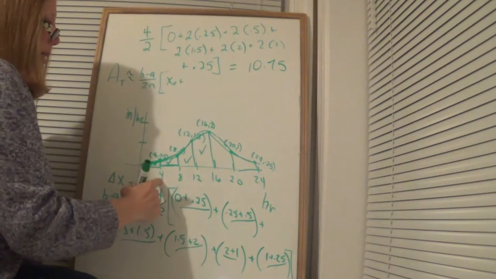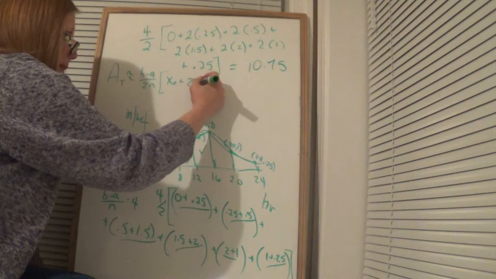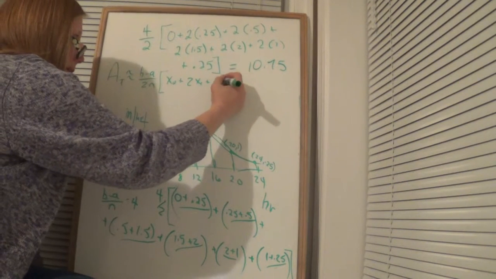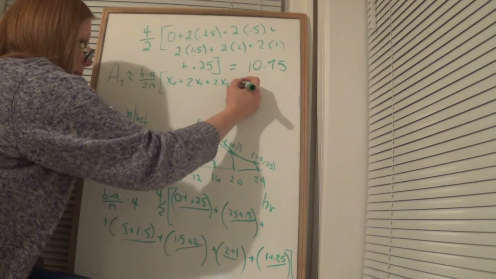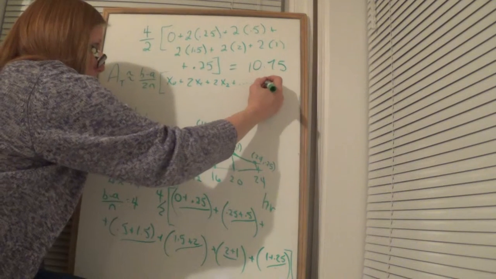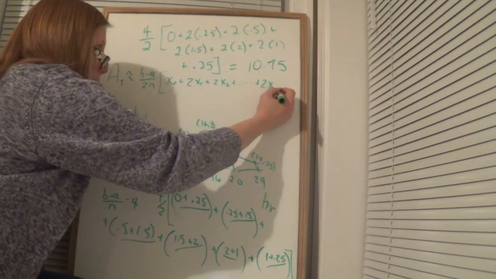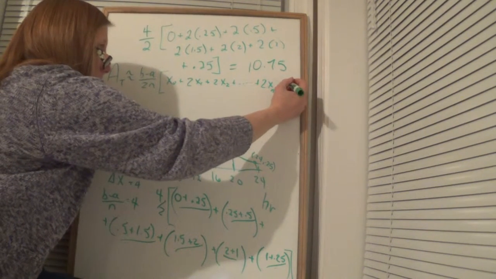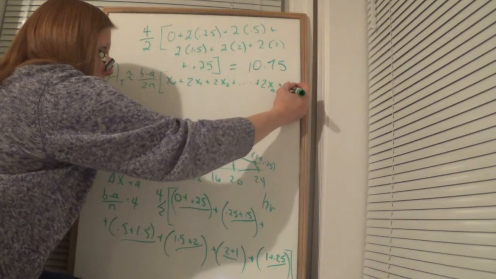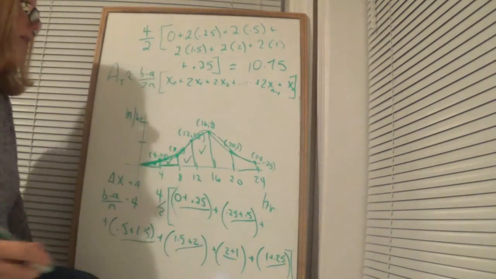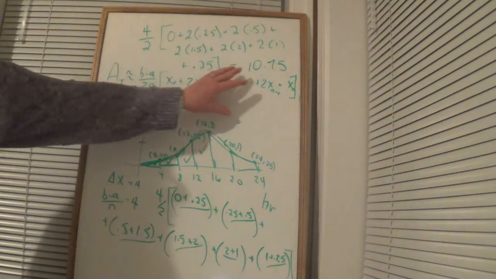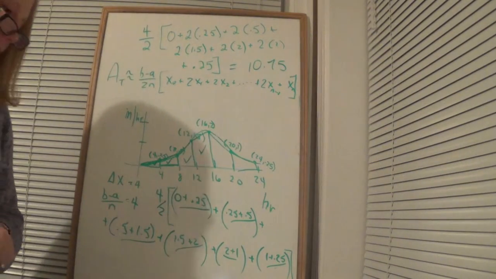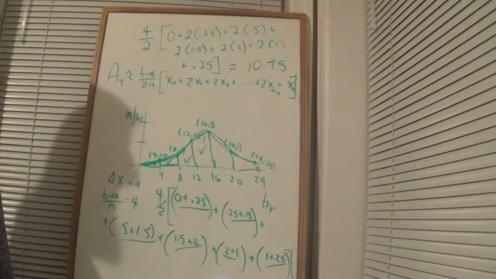Then it's going to go to the x sub 1 and add it twice, plus twice the x sub 2 plus dot dot dot, plus twice the x sub n minus 1 plus 1 times the x sub n. So that's another way to think of the trapezoidal rule, and it always works. So that's what I'm going to leave you with right now.